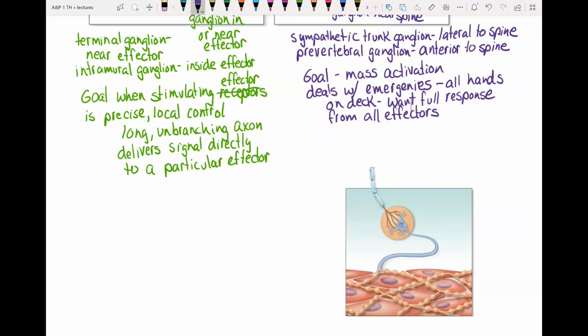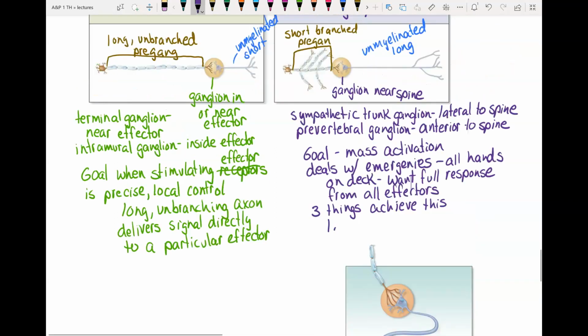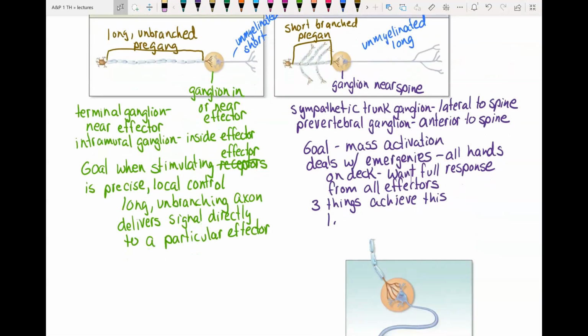So there are 3 different features we're going to look at to achieve this. The first one is that short branched axon.